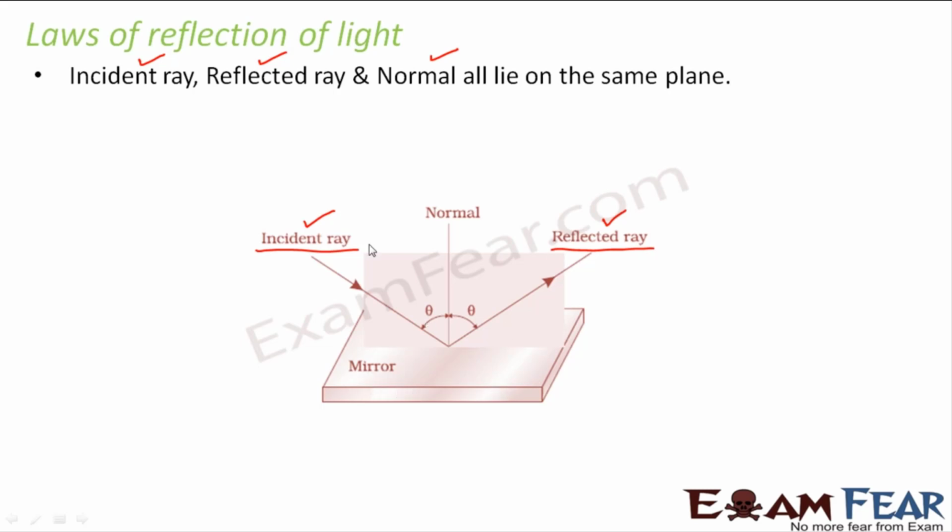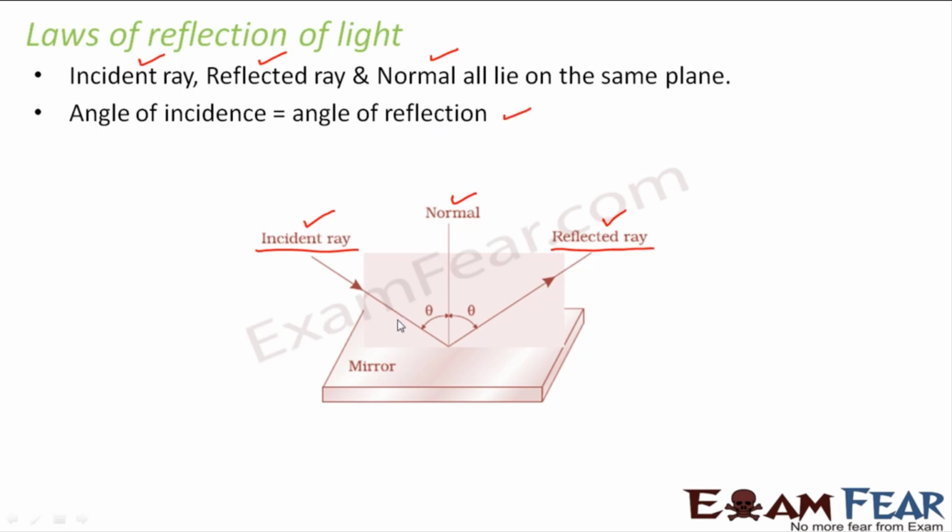So the first law says that these three, that is the incident ray, reflected ray and the normal, all lie on the same plane. So here you can see that they all lie on the same plane. That is, if you look at this figure, you can see that they are all lying on the same plane on the mirror, right? The second law says that the angle of incidence is equal to the angle of reflection.